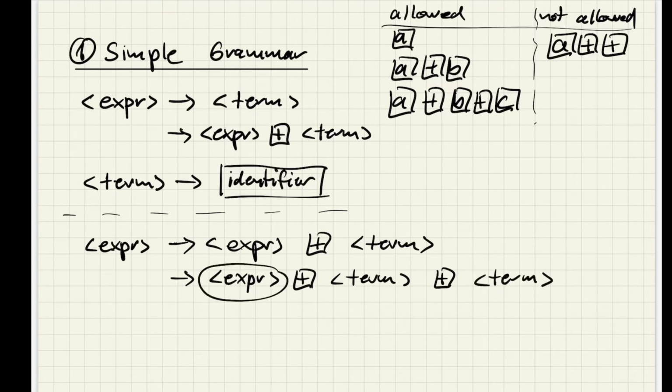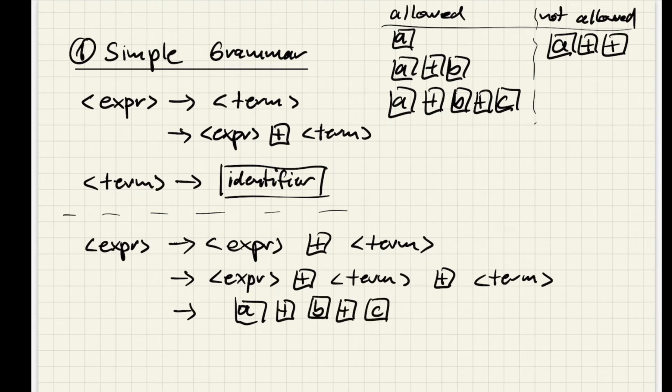Then of course this can just be replaced with a term, and then you see actually after one other step I can replace this first term with an A in the box, plus in the box, B in the box, plus in the box, C in the box. So nothing complicated. So of course this also belongs to the language.